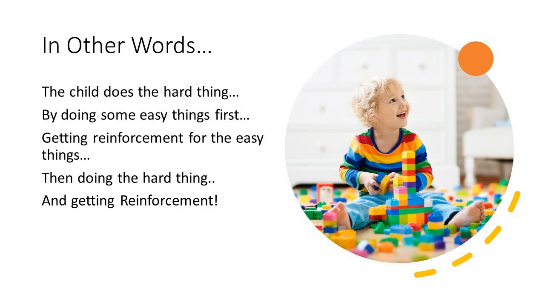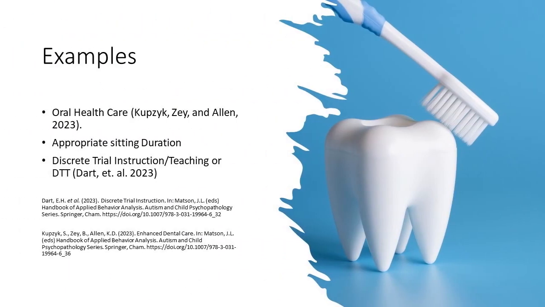So let's unravel. Let's use a couple of examples. One example comes from some most recent literature around oral health care. This was about children going into the dentist to get their teeth and dental work cleaned, and they didn't really like doing that. They didn't want to get that oral health care.